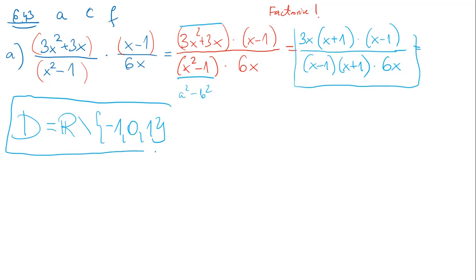Okay, so you see here that when we have simple polynomials, it's much easier to write the domain. Okay, and now the only thing we need to do is to cancel down the fractions. So of course we can cancel down x minus 1, x plus 1, and even x's, and 3 and 6.